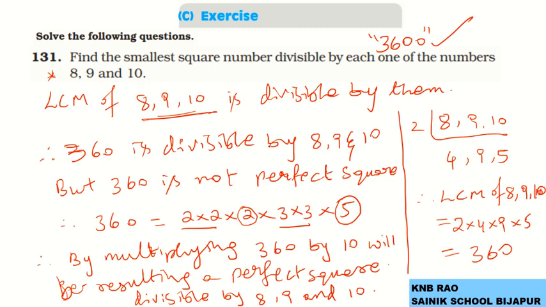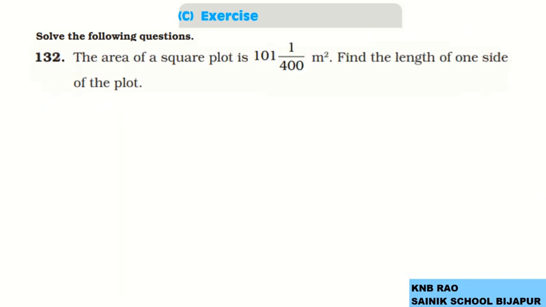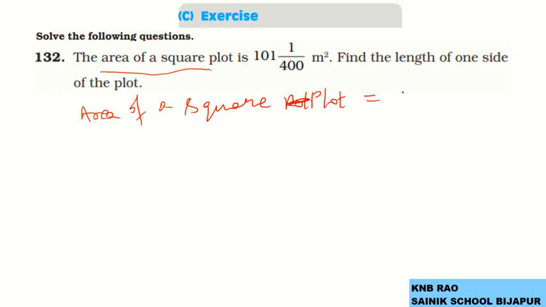Next, coming to question number 132, area of a square plot. The area of a square plot given to us is 101 integer 1 upon 400 meter square.